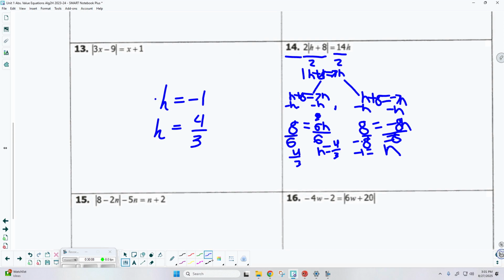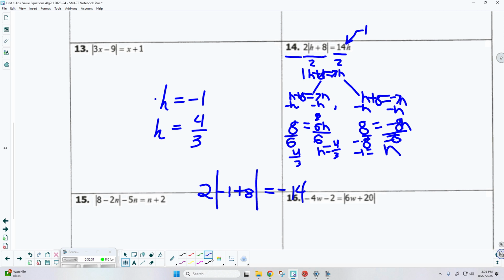Let's go ahead and check the -1. Okay, so I'm going to say 2, absolute value, h plus 8 is -1 plus 8 equals, remember, if I plug -1 in here, 14 times a -1 is a what? Do you notice it? What was it that I cautioned you about earlier?